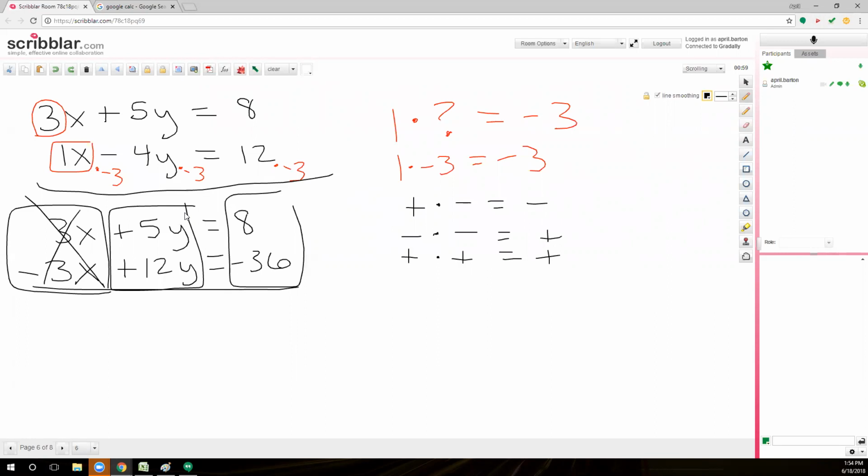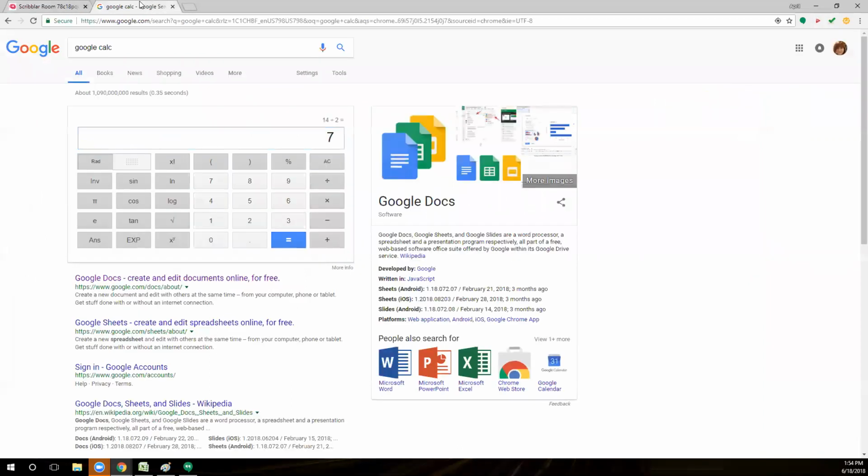Then we combine together. 5 plus 12 is 17y. And 8 plus a -36, I'm going to pull out the calculator for this one, is -28.